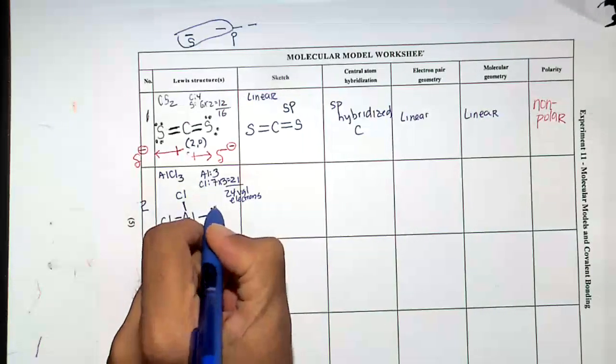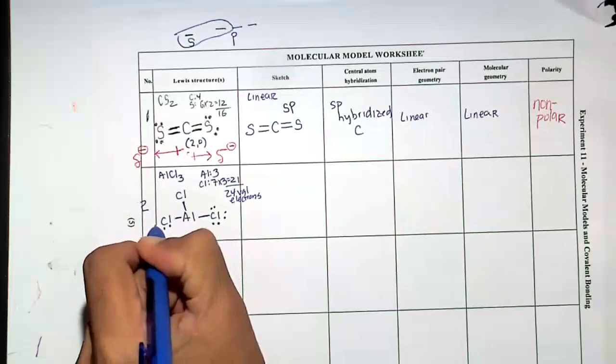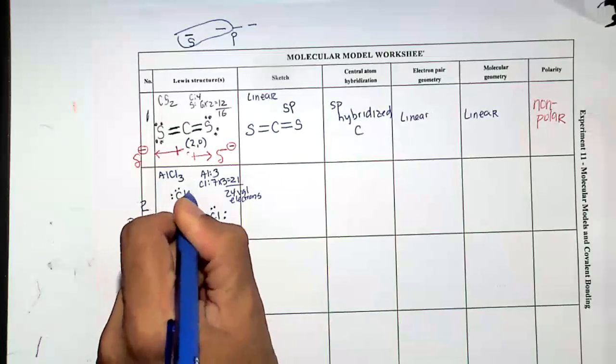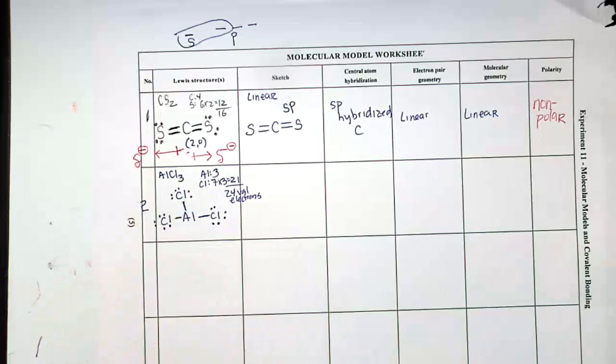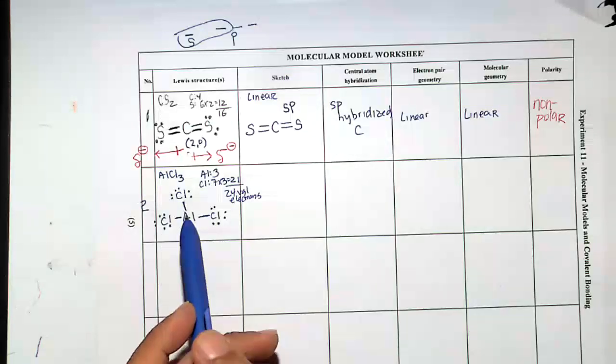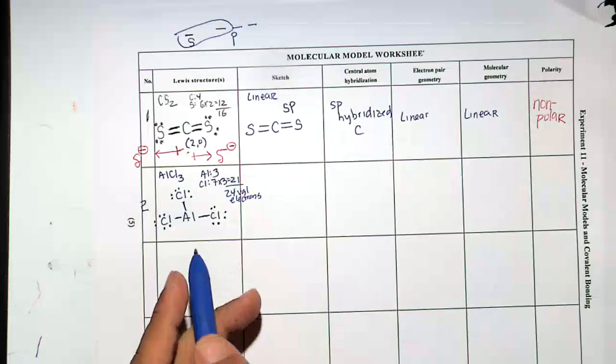Let's fill out the rest. 7, 8, 9, 10, 11, 12, 13, 14, 15, 16, 17, 18, 19, 20, 21, 22, 23, 24. And that would be what AlCl3 is. Let's do formal charge and octet rule.